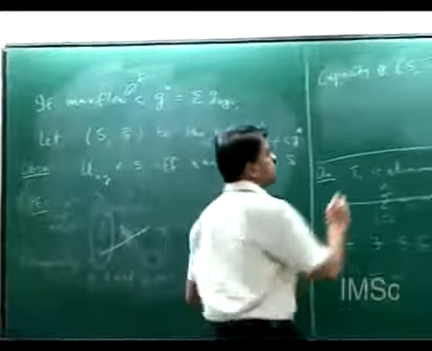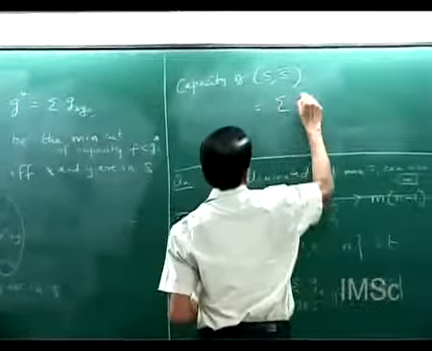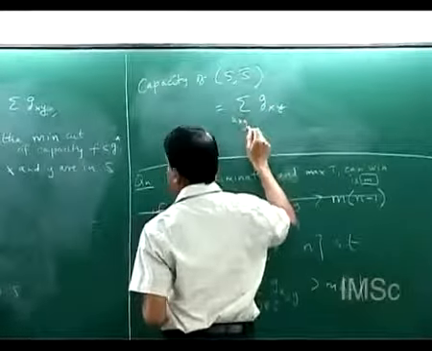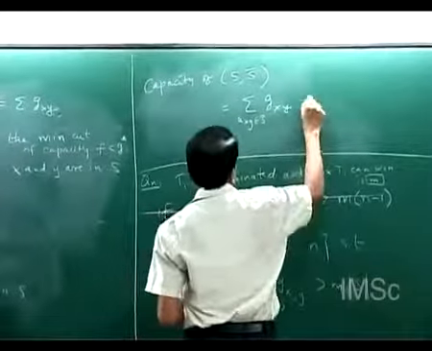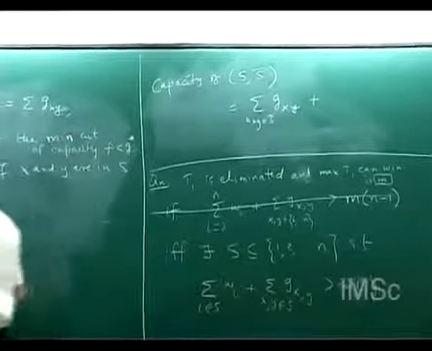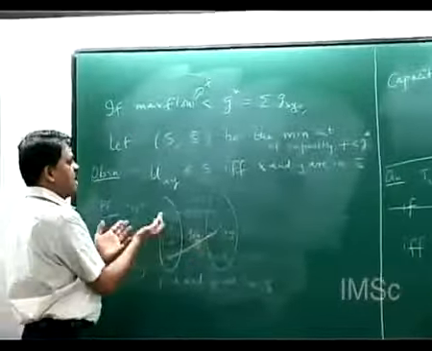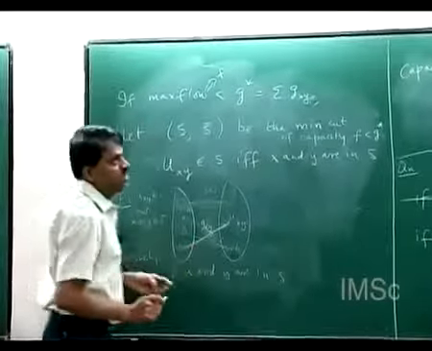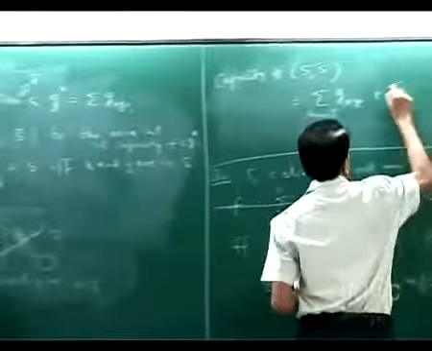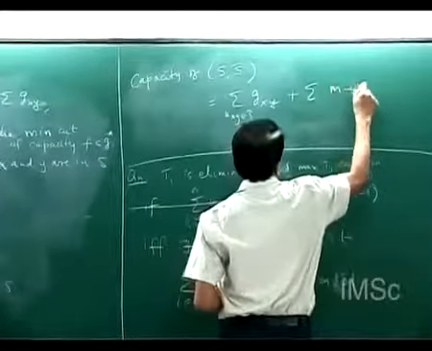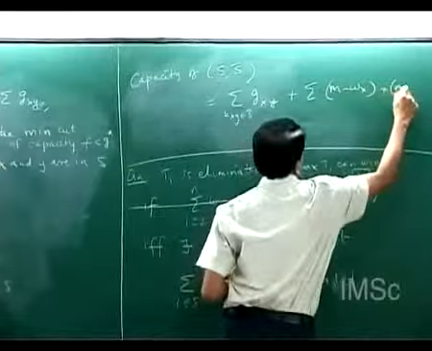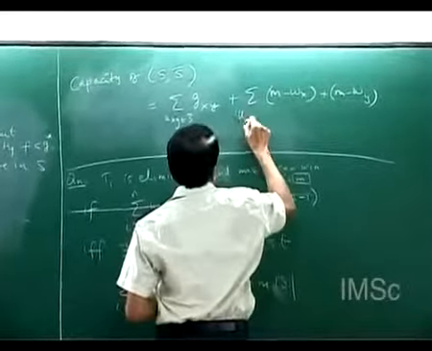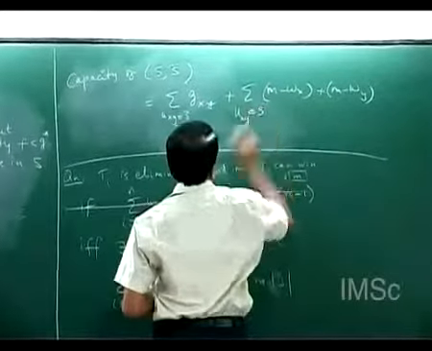So this is equal to summation gxy whenever uxy is in S bar, plus, uxy is in S means that x and y are here, and so the contribution will come from these edges. Okay, let me write it and then we can see, plus m minus wx plus m minus wy whenever uxy is in S.